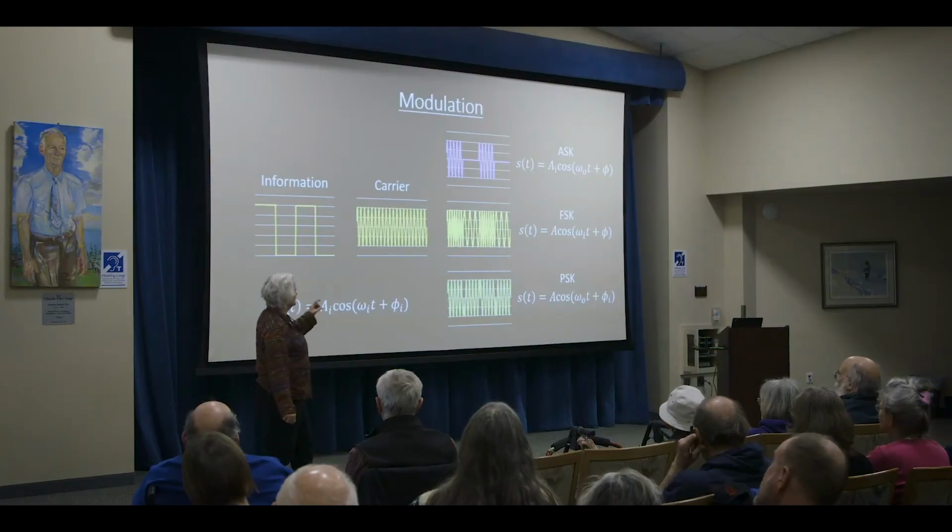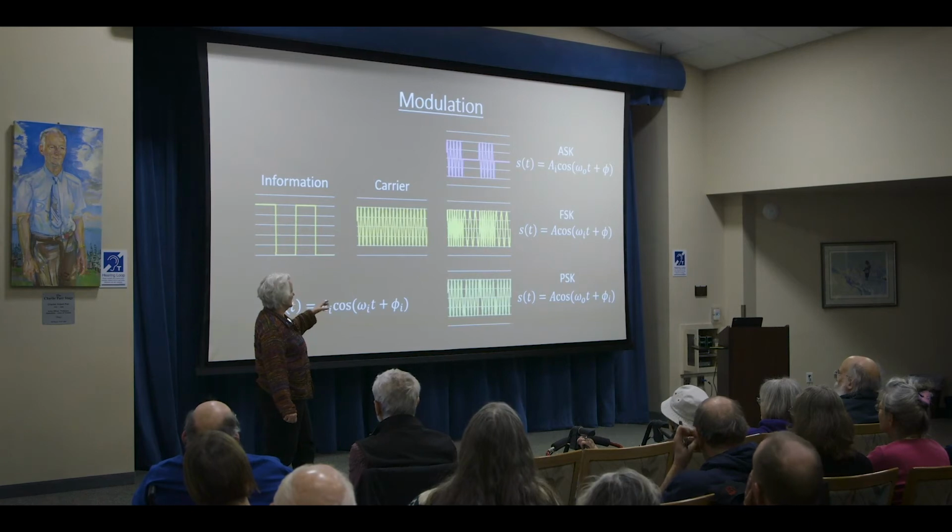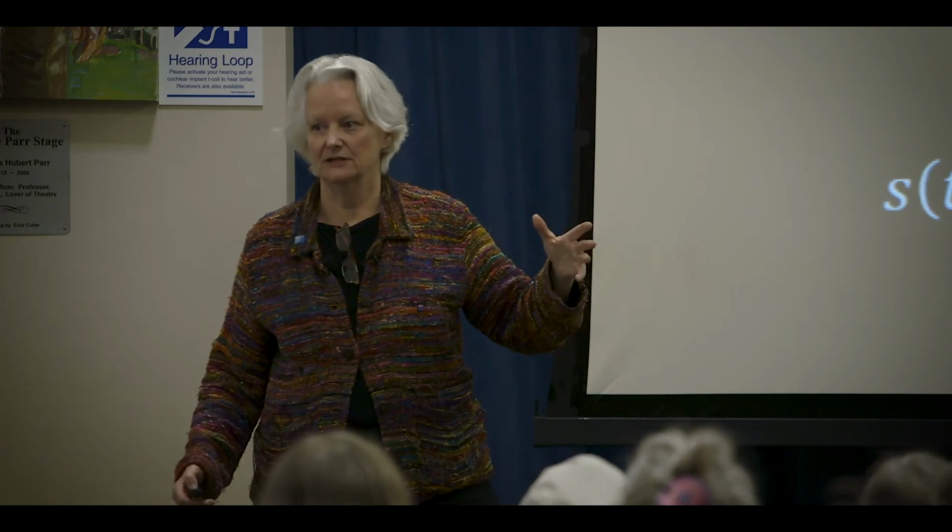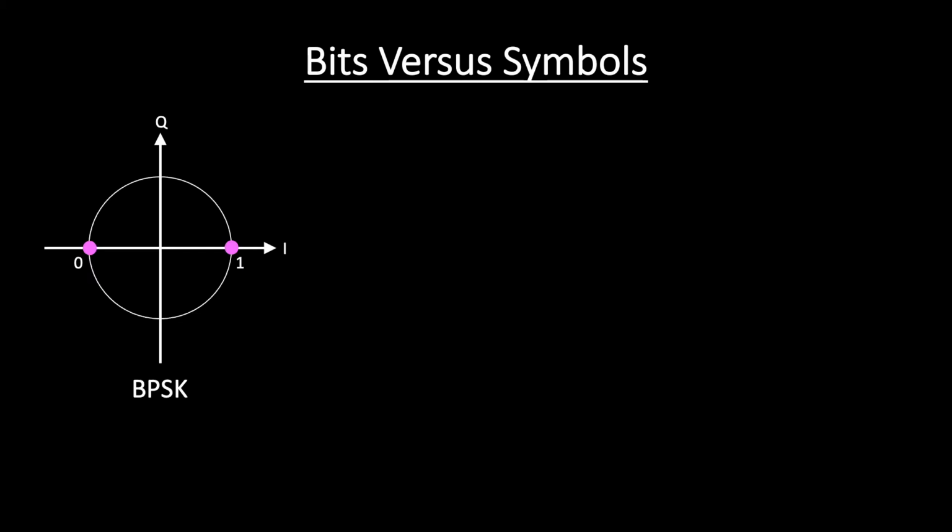All right, so we can do more than that. Satellites, by the way, primarily use phase shift keying for a lot of reasons, which I'm not going to go into. But we can take a look at this in another way. So here's binary phase shift keying. That's the same signal as I showed you before, except I'm just showing you the phase, right?